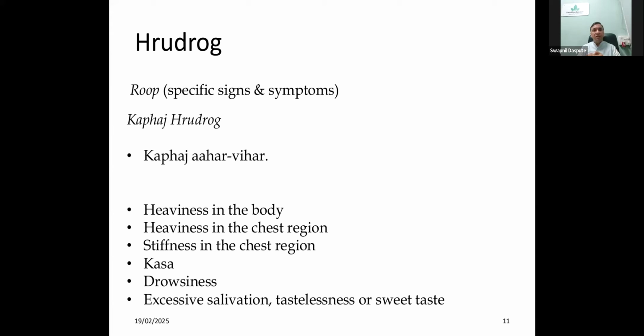So low on energy, tiredness, feeling of sleepiness, drowsiness. So what is the presenting symptom? In order to get proper information, if you ask leading questions, then the patient will start explaining their feelings.